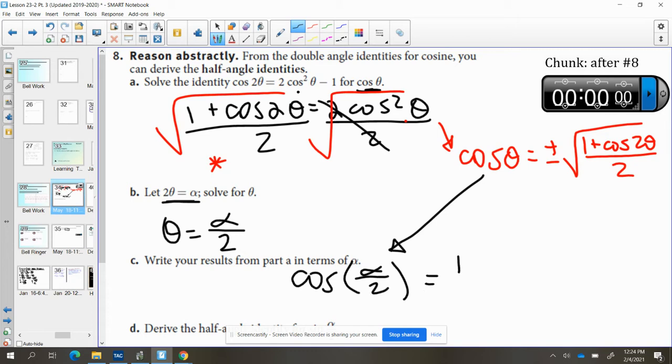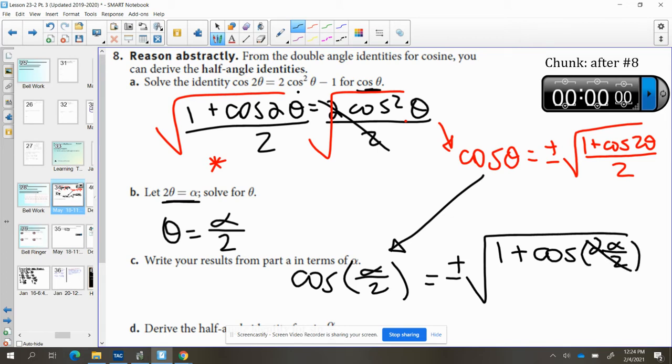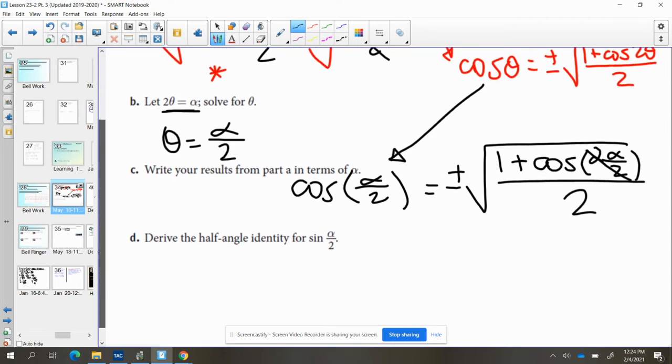That equals positive or negative square root of 1 plus cosine of 2 times alpha over 2, where the 2s cancel and we're just left with alpha, all divided by 2. So this is the half-angle formula for cosine.